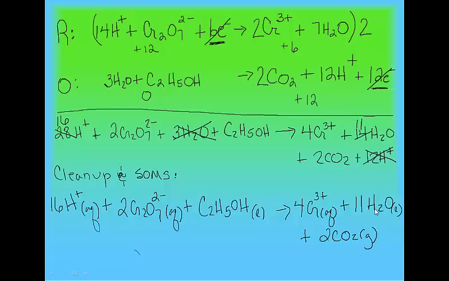Atomically balanced hydrogens, good start. 2 times 2, 4 chromiums, 4 chromiums. 2 times 7 is 14, plus 1 is 15. On the right hand side I got 11 from the water, plus 4, that's 15. So I'm doing good so far. 2 carbons and 2 carbons. I am atomically balanced, so that's a good start.